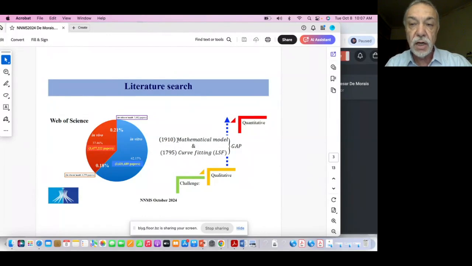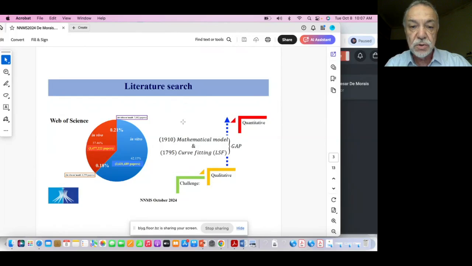The second point is describing in vitro assays using a mathematical model. The very first successful mathematical model for explaining in vitro assays was proposed in 1910. It's already more than 100 years.